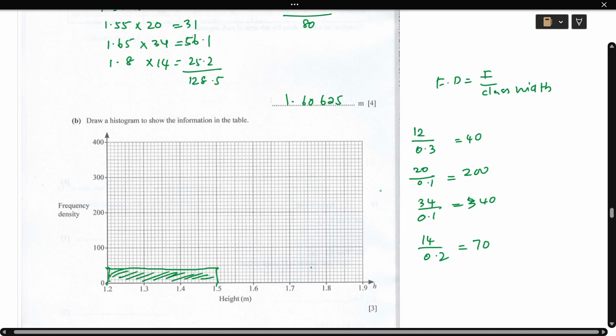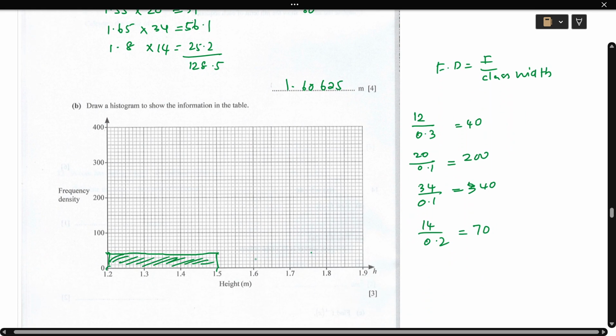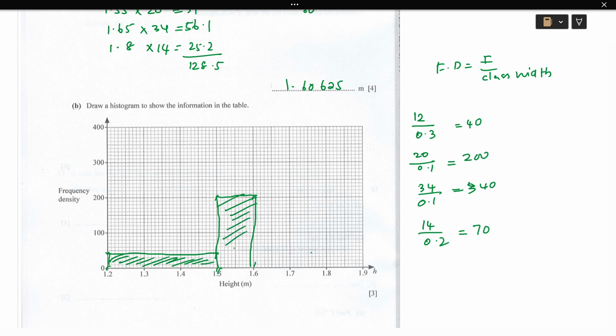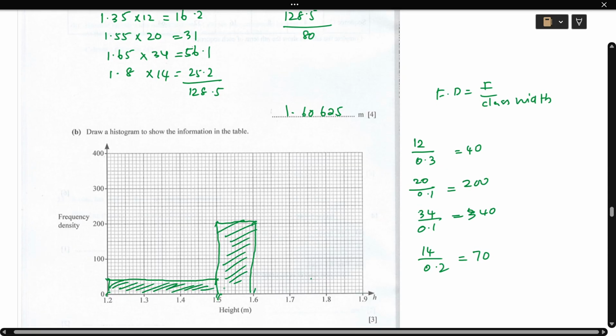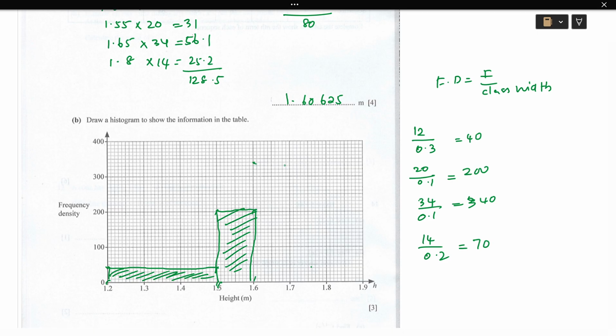Okay, next one is 1.5 to 1.6, 200. So here to here is 200, so 200 to 200, so just draw. Next is 1.6 to 1.7 is 340, so 340 until here.